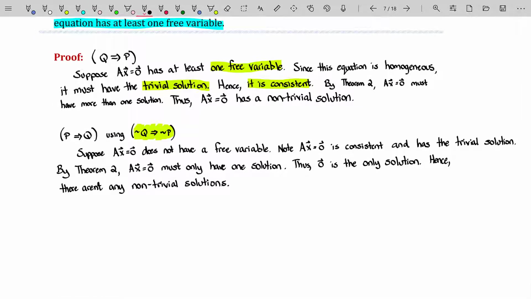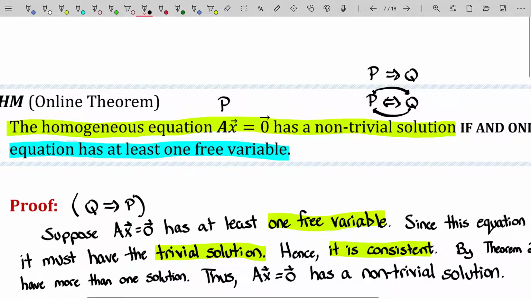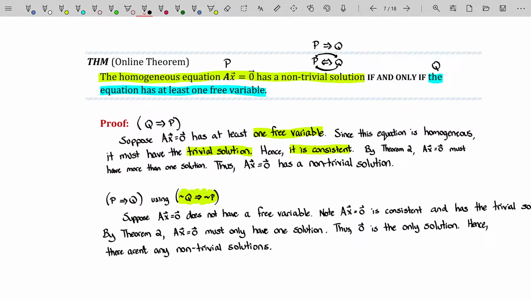Thus, 0 is the only solution because 0 is a solution of any homogeneous equation. Hence, there aren't any non-trivial solutions because there's only that one solution. There's no more. So there's no non-trivial solutions, which is the negation of P. P was that it does have a non-trivial solution. The negation is it doesn't. And we have proven that highlighted if not Q, then not P, which subsequently proves if P then Q.